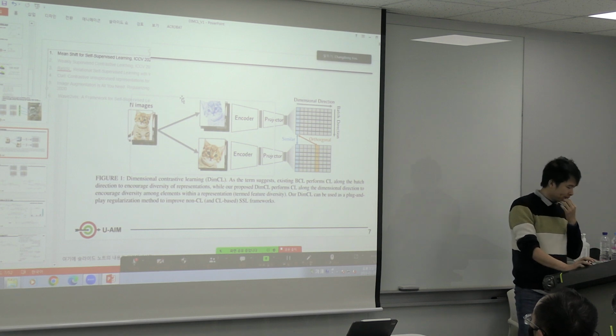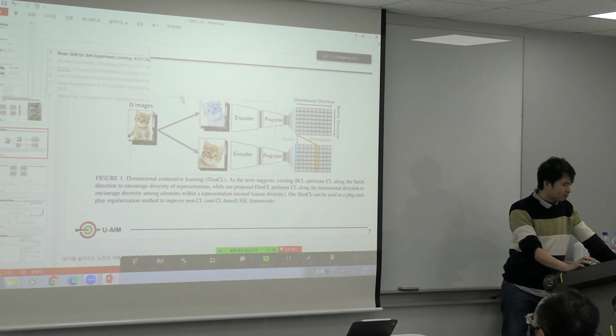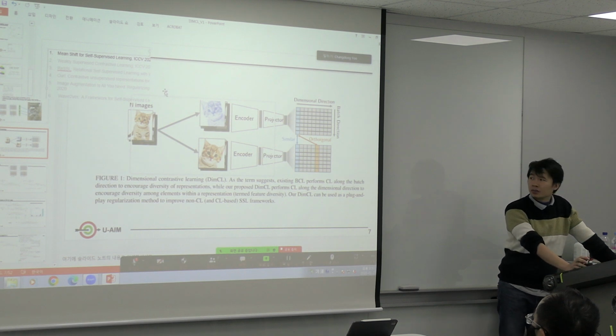There are many criteria, but one criterion for that small block is to do good classification.